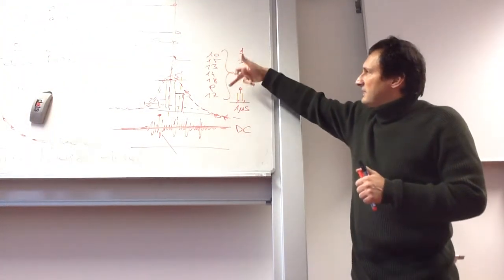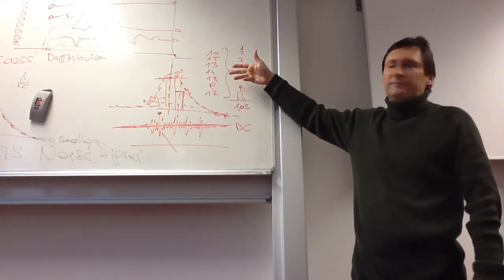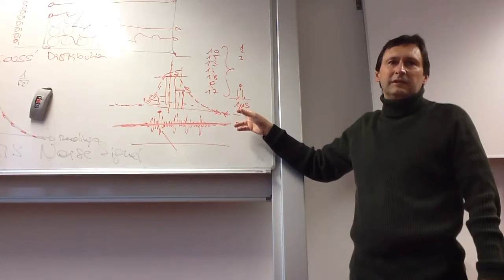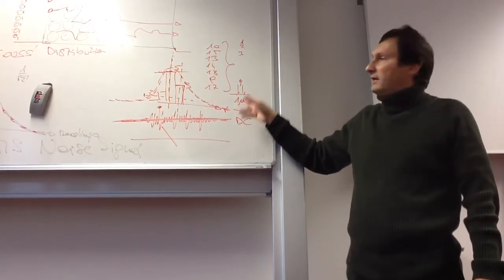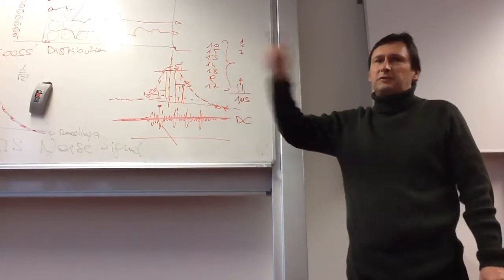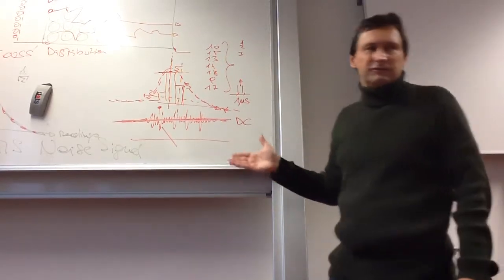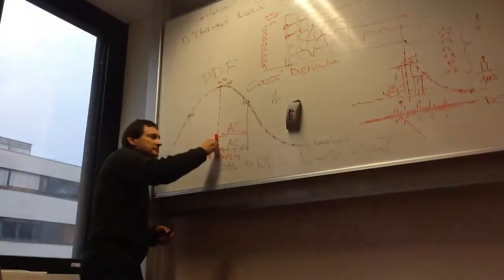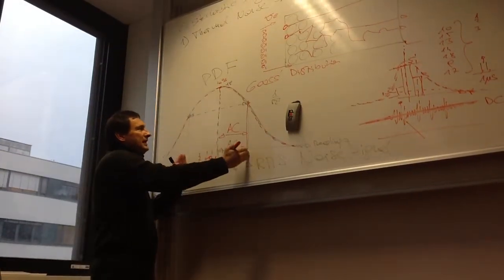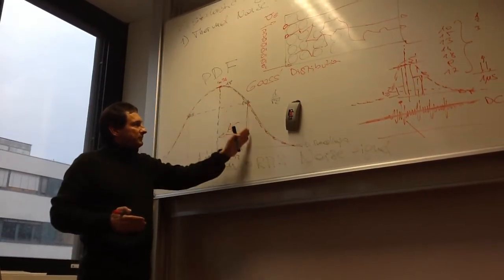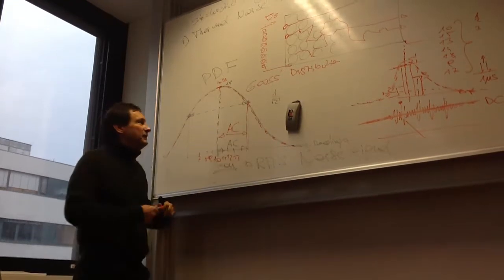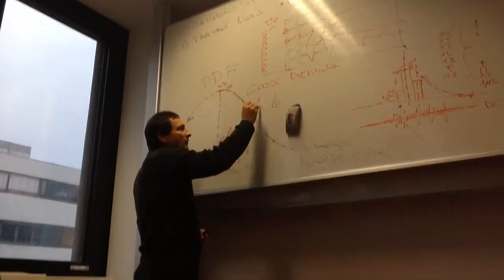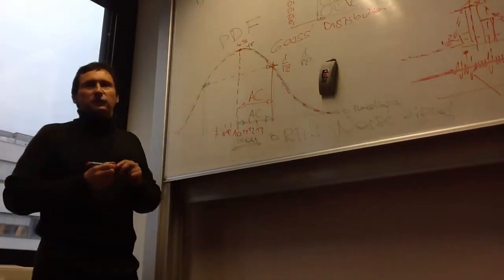The exact number per microsecond is obviously random. But if we draw a distribution over all of these values, then we get a mean value, and we get a deviation from that mean value where the curve goes down to 1 over square root of 2.